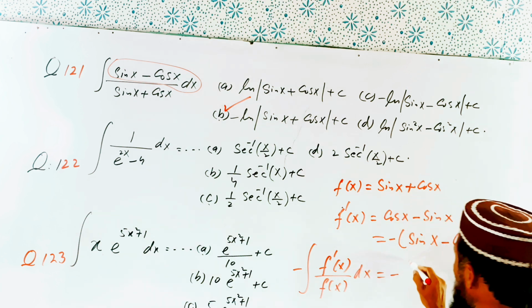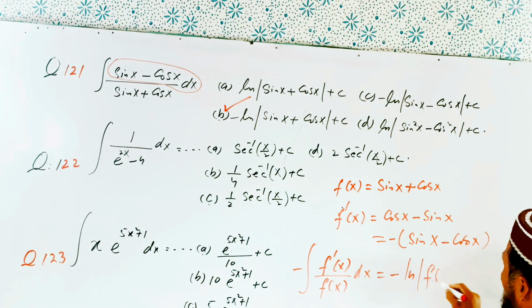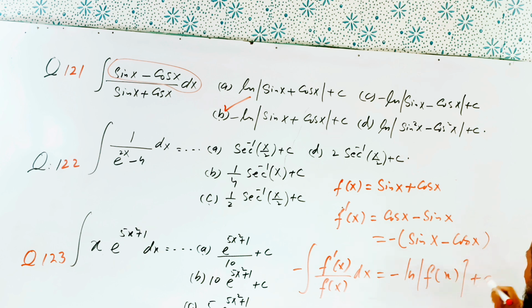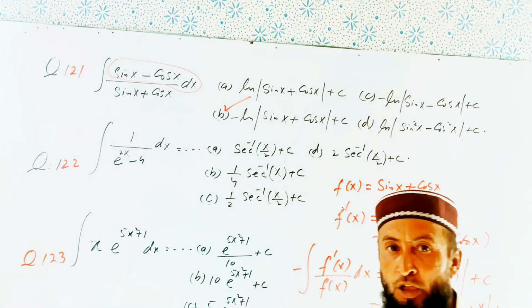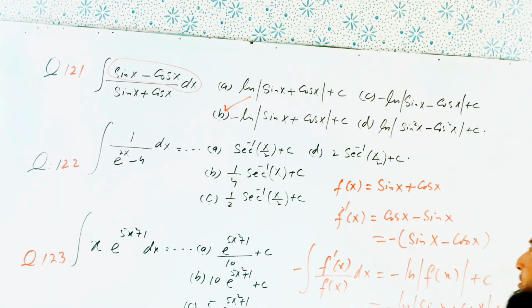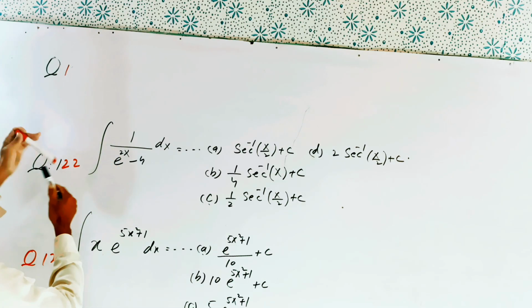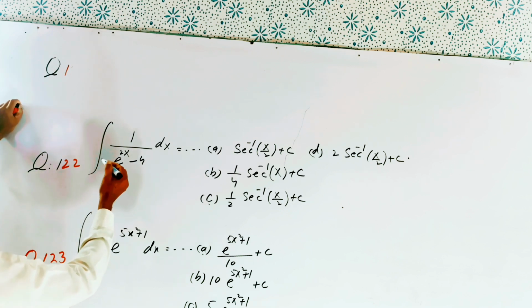So in this situation we use the formula log of f of x plus c. So here minus log of f of x is equal to sin x plus cos x plus c. Option B is again another method we have used. So the correct option is B.